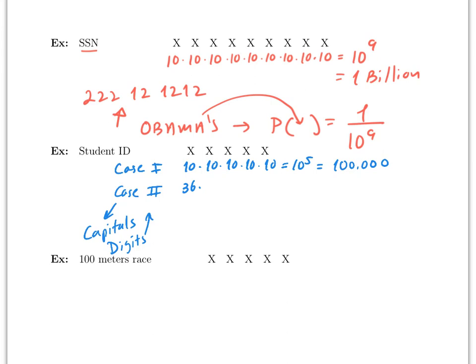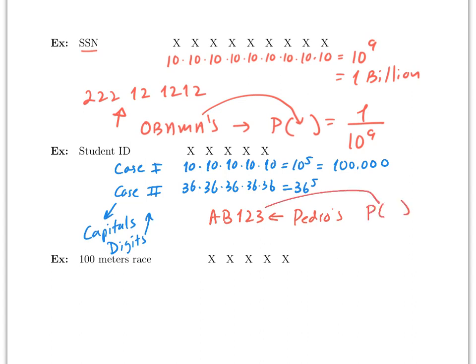It's 26 letters plus 10 numbers. So therefore, this is 36 to the 5th power, which is a pretty big number. So now, what will be the probability that AB123 is Pedro's ID number? The probability will be 1 over 36 to the 5th power. And that's it. You can leave the answer like this on the test. There's no need to simplify anymore.